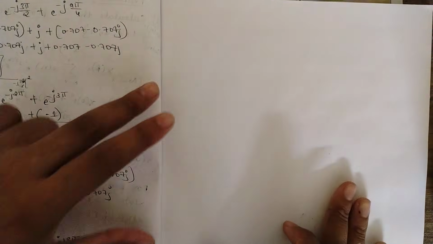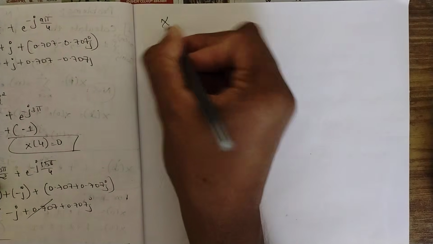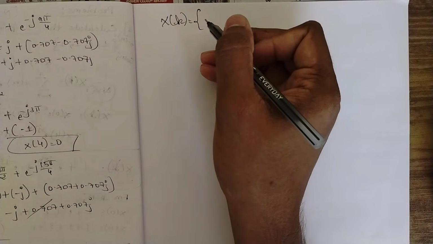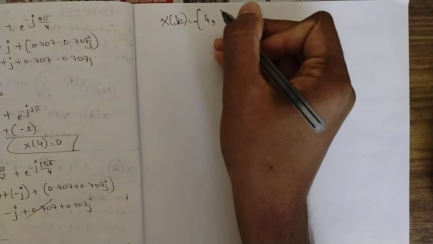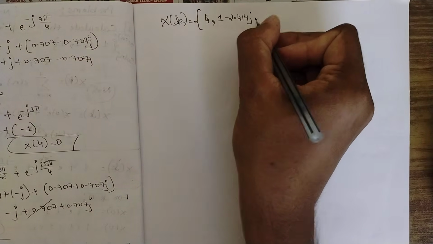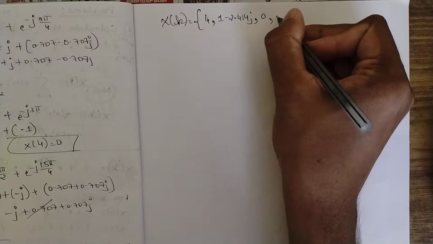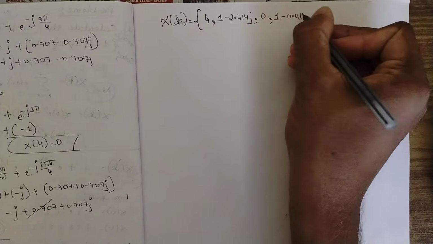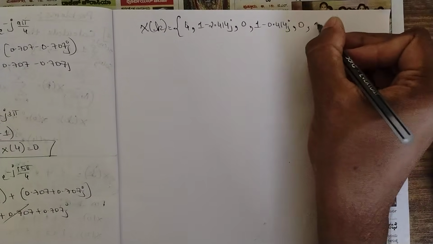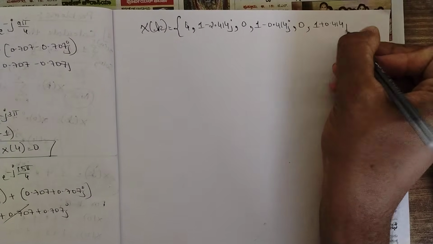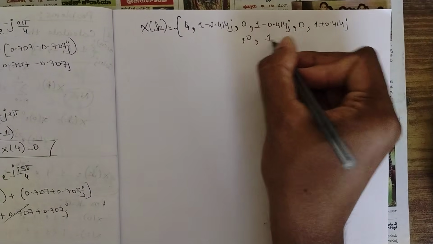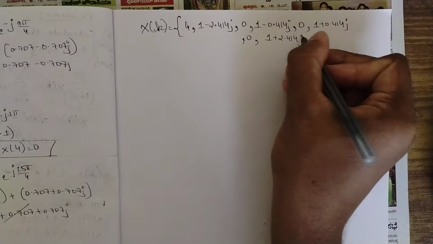Okay, so like this we have got all the terms x of 0 up to x of 7. So now write those terms separately in one sequence of x of k. Where the first value which you have got is 4, second value is 1 minus 2.414 j, next value is 0, then next is 1 minus 0.414 j, fifth value is 0, 1 plus 0.414 j, then it is again 0, 1 plus 2.414 j.